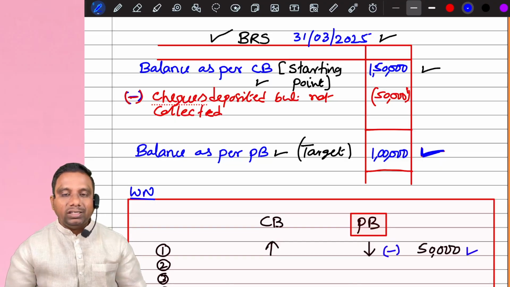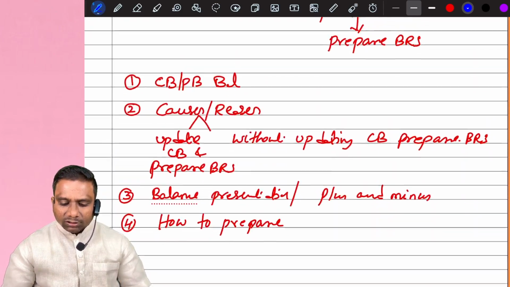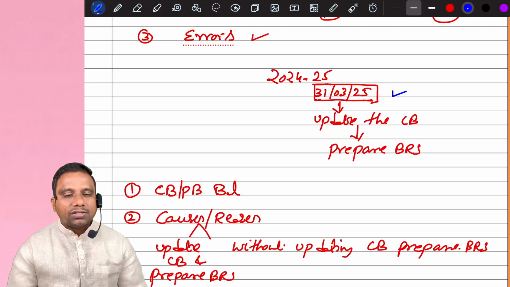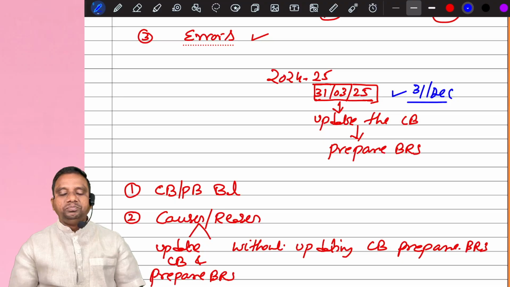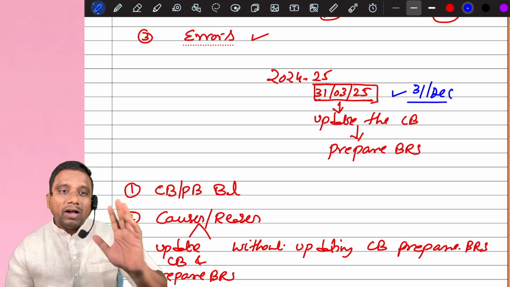But at the end of the year, sir, how can we check, sir? Simple. Check in the problem whether the given date is 31st March, or sometimes 31st December also they give you. In that case, you have two options.